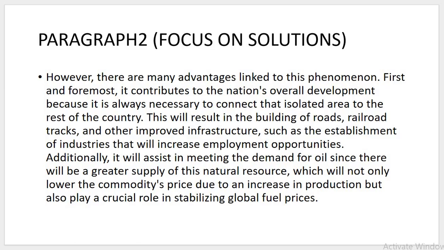Additionally, it will assist in meeting the demand for oil since there will be a greater supply of this natural resource, which will not only lower the commodities price due to an increase in production but also play a crucial role in stabilizing global fuel prices.